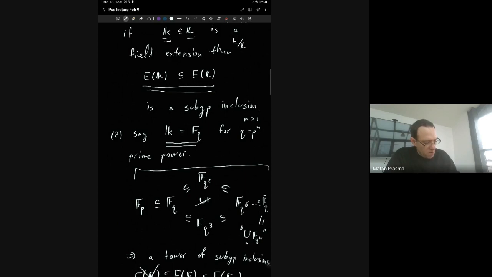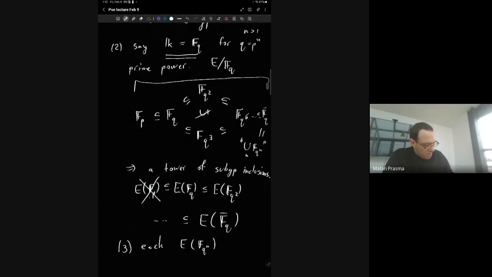So F_q is strictly bigger than F_p, and I consider E over K, so E over F_q. If I consider E over F_q, I cannot talk about the F_p-rational points over E.